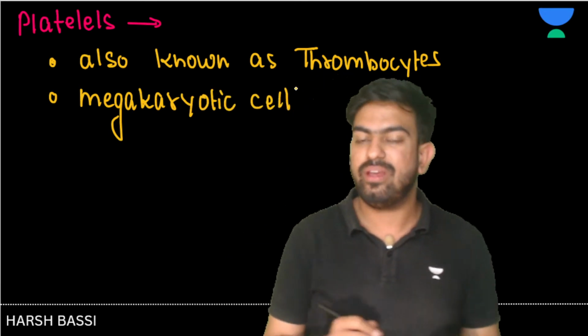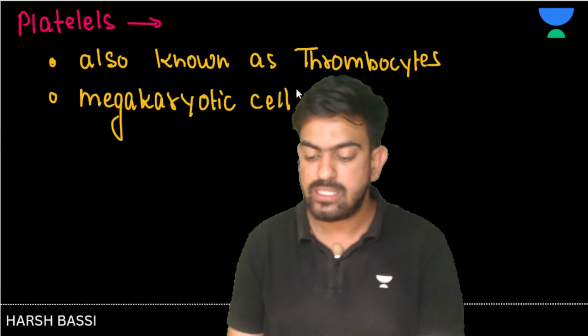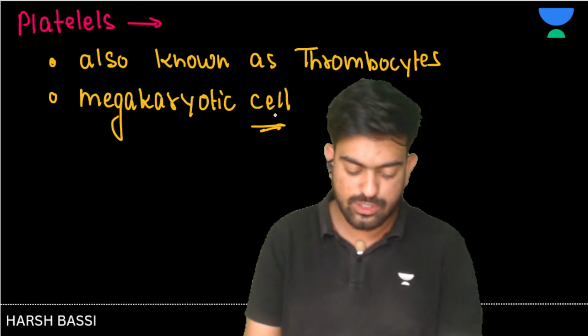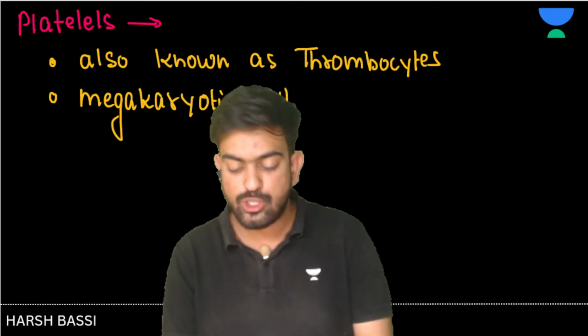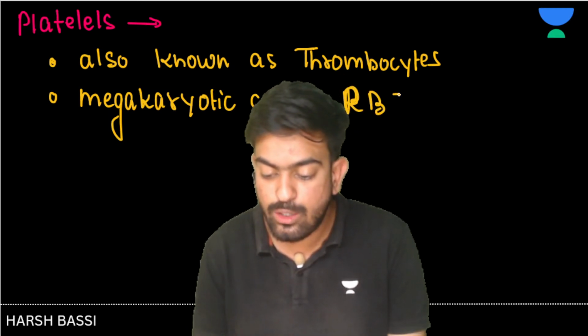See here, in our red bone marrow there is a cell which is formed, known as megakaryocyte. This cell undergoes fragmentation.